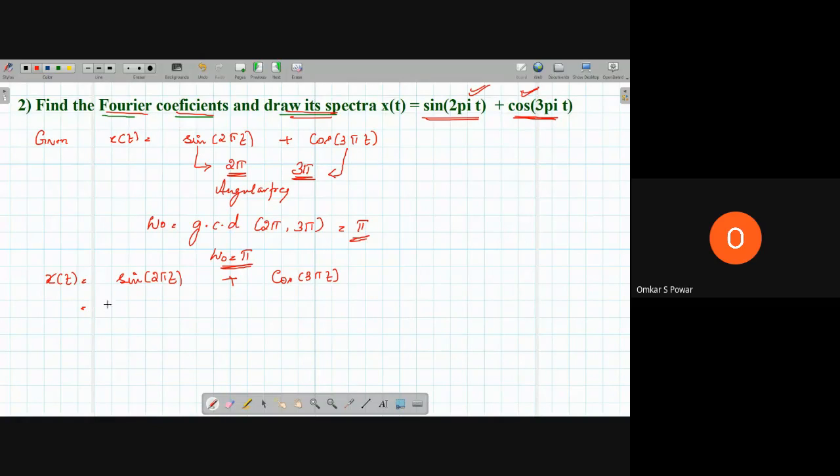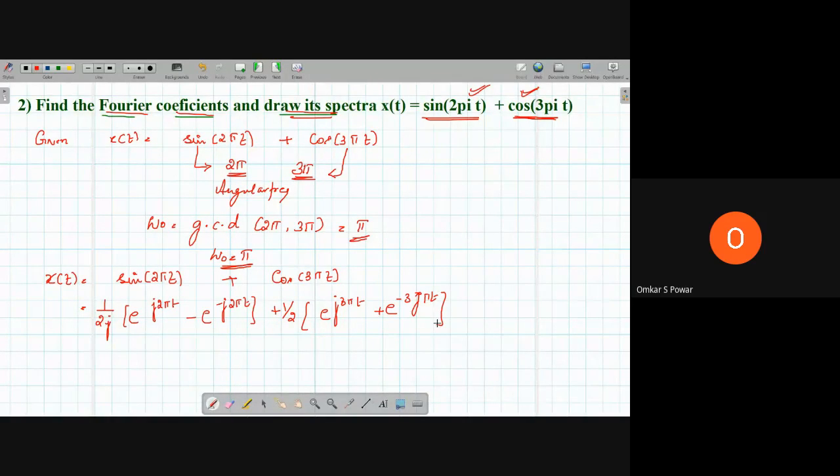So how can I express sine? 1 by 2j, e power j 2 pi t minus e power minus j 2 pi t, plus 1 by 2 into e power j 3 pi t plus e power minus j 3 pi t.